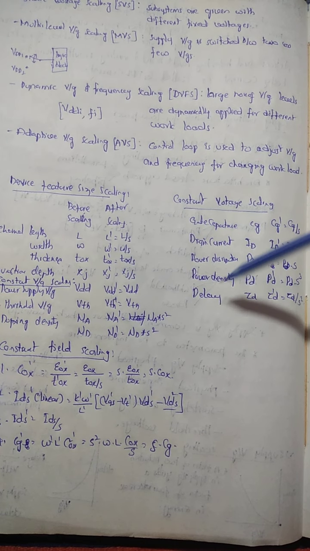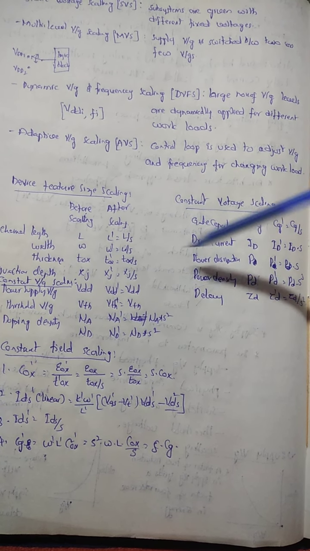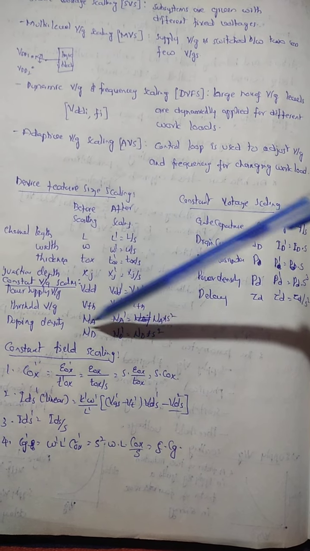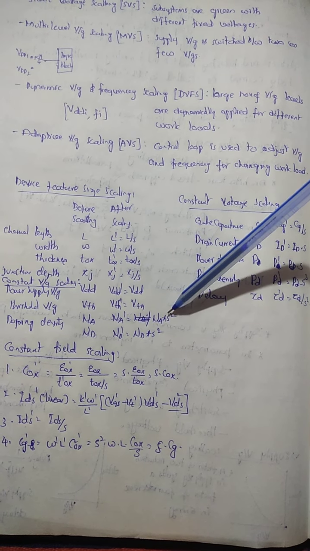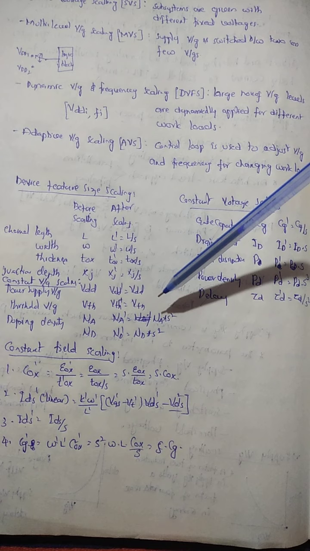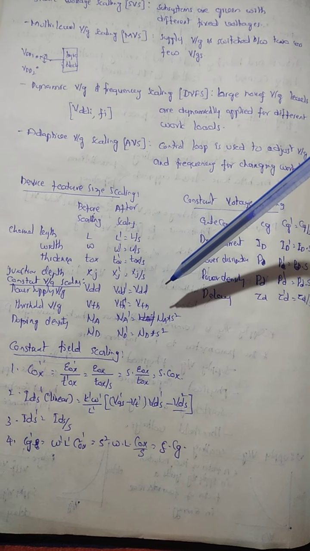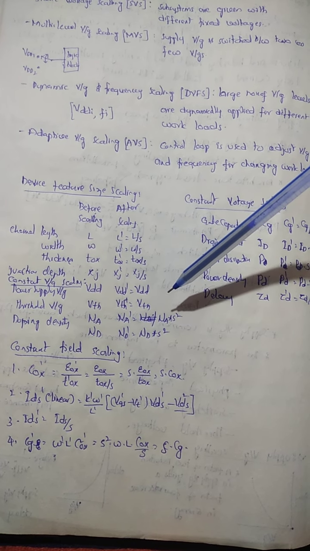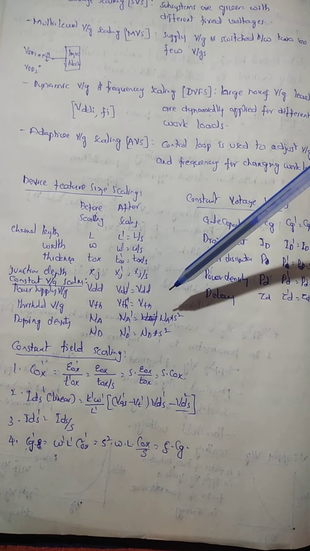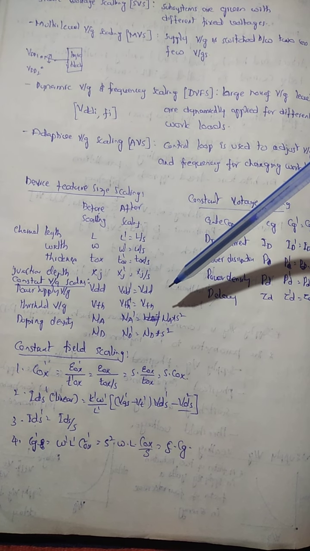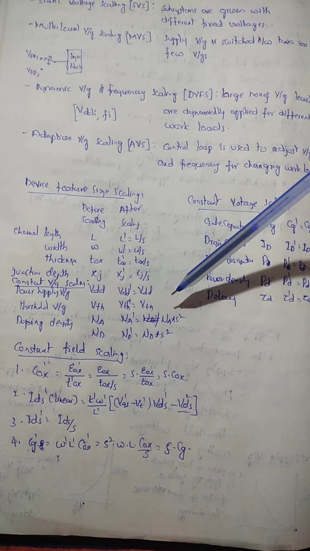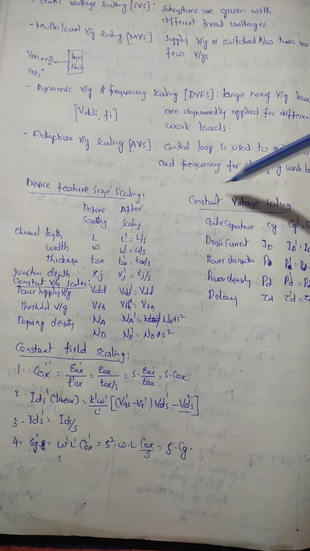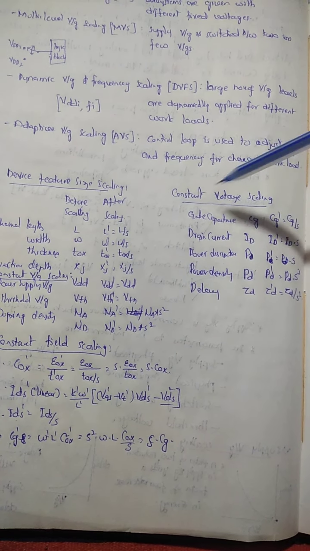We have to achieve this by increasing the doping concentration by a factor of S square. To not reduce the supply voltage even though the physical parameters are reduced, the doping concentration has to increase a lot. This is known as constant voltage scaling.